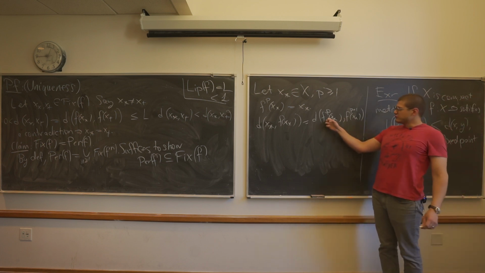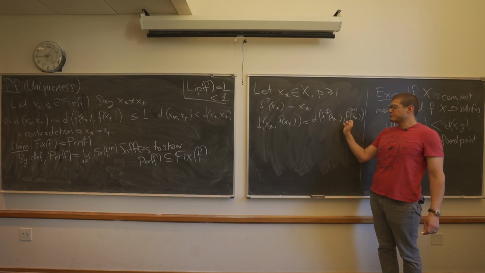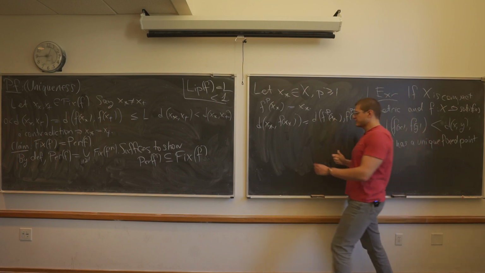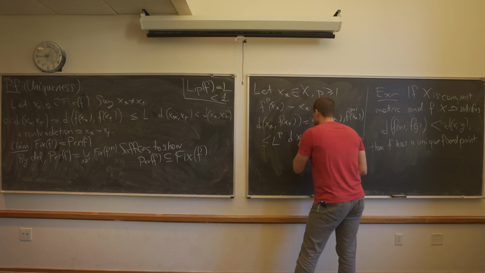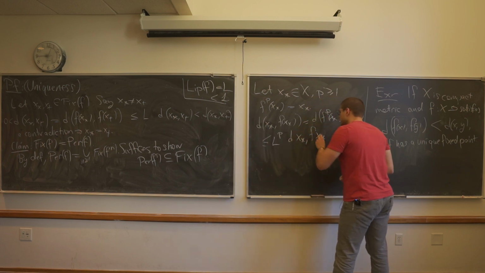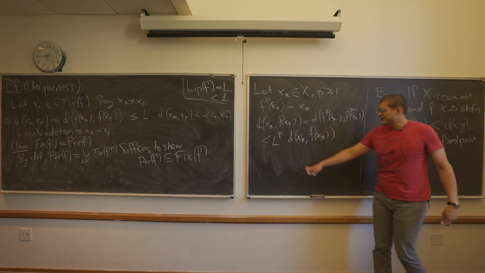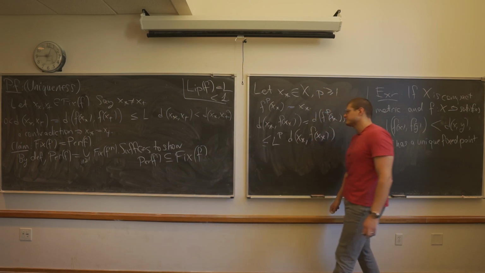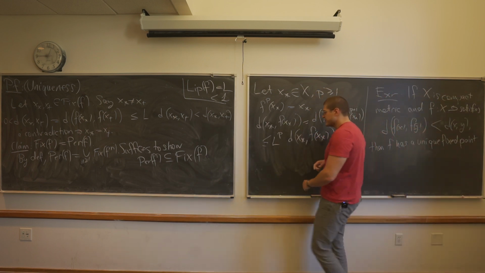Now, taking out p copies of f is going to give me an upper bound of the form L to the p times d of x star comma f of x star. You can also imagine that I'm here using the fact that the Lipschitz constant is submultiplicative. Well, L to the p is some number less than 1.